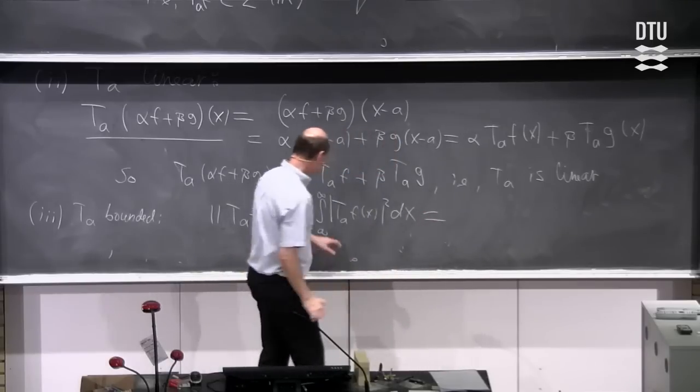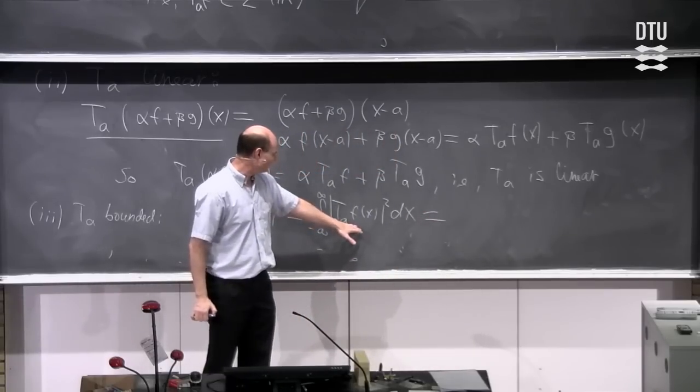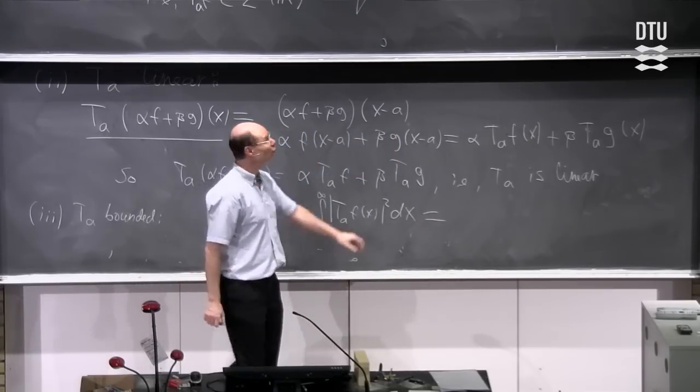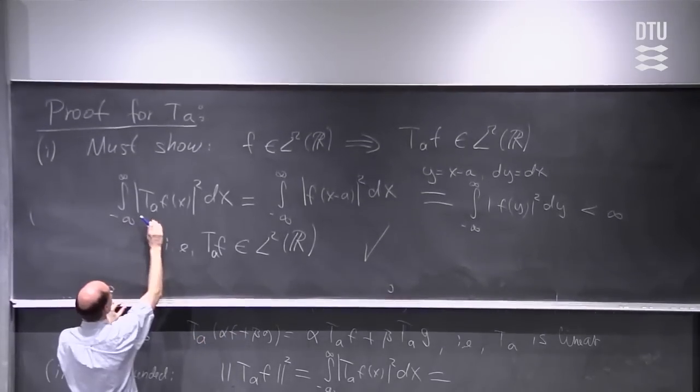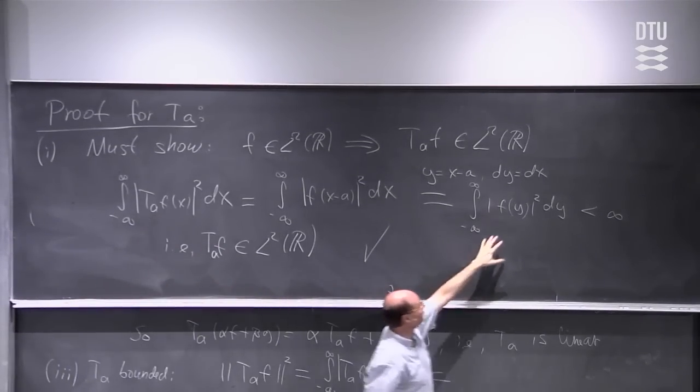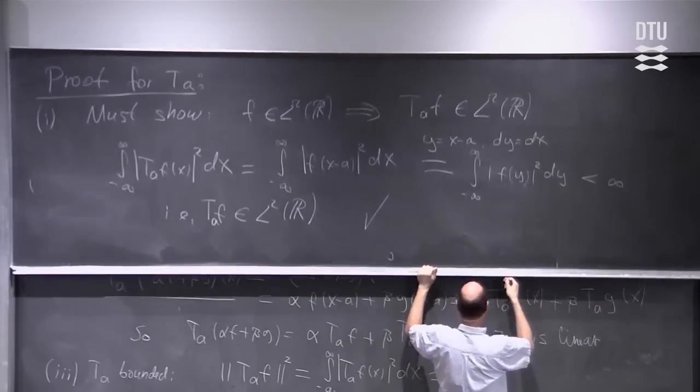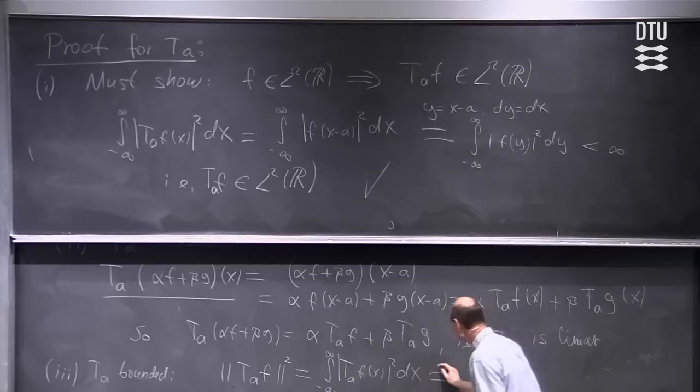But if you look at this, the integral of the absolute value of T_A f of x to the power 2 is exactly what we looked at here. From here until here, we showed that this is exactly the same. So this is by the calculation in 1.